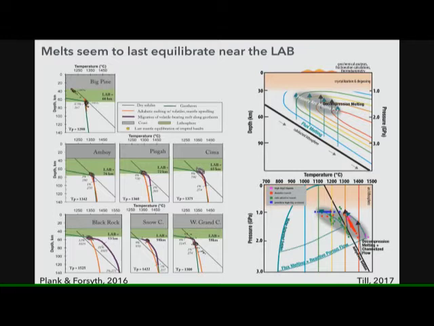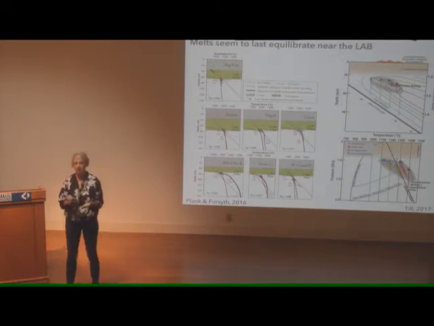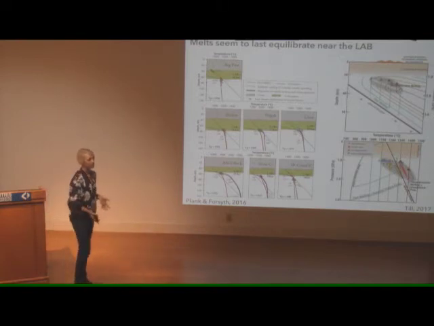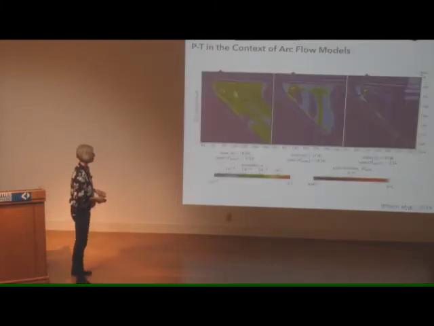And we can do this in arcs as well and see that all these different types reconstruct to depths right below the lithosphere-asthenosphere boundary. So all of them are showing this evidence of thermal and chemical re-equilibration as they rise through the hot core of the wedge. We can't escape the effects of that prior to their eruption.